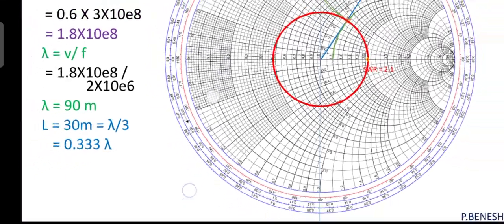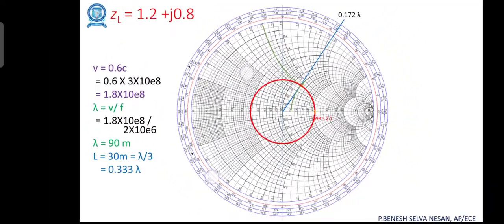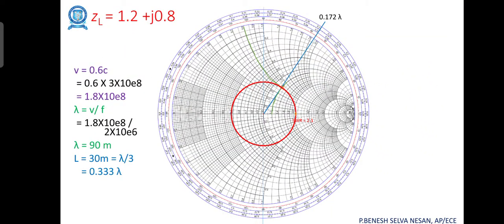Clockwise is wavelength towards generator and anti-clockwise is wavelength towards load. We are at the load point, so we travel towards the generator, clockwise. From 0.172 lambda, travel 0.333 lambda. Then we will find the input impedance.